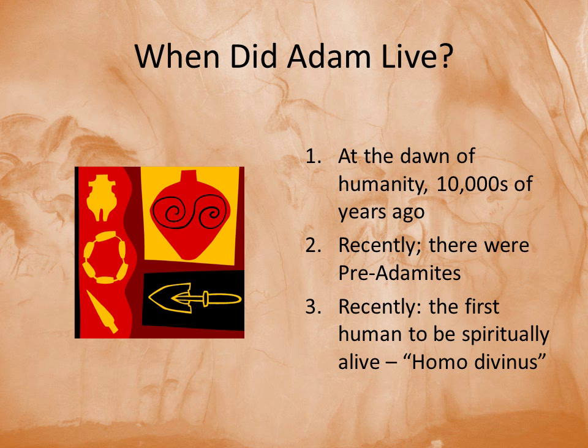One, Genesis 1 to 3 actually took place much longer ago than it appears. These chapters tell us in symbolic language what happened at the dawn of humanity. Two, there were indeed people on the earth when God created Adam not so very long ago.